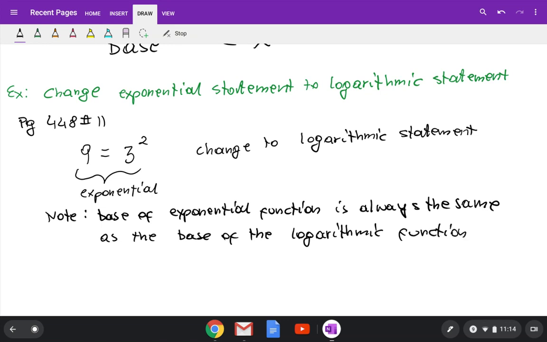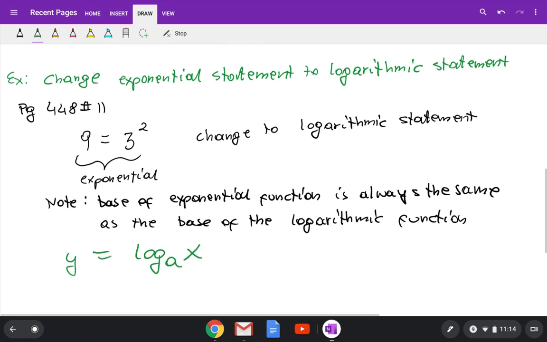Okay, so I know that I have to create a function which is logarithmic, y equal log base a of x. We need to create something like this.